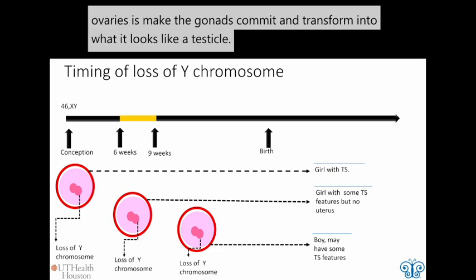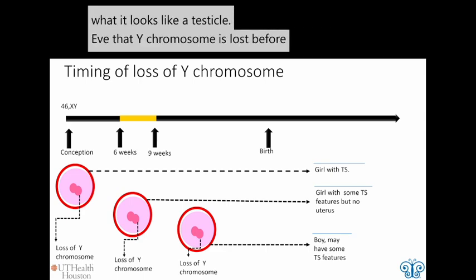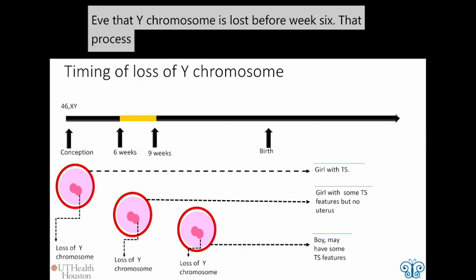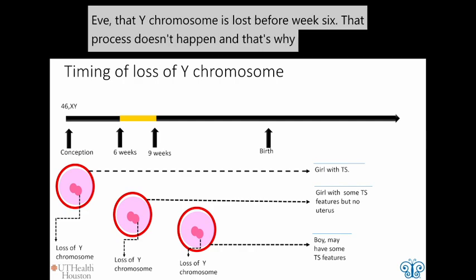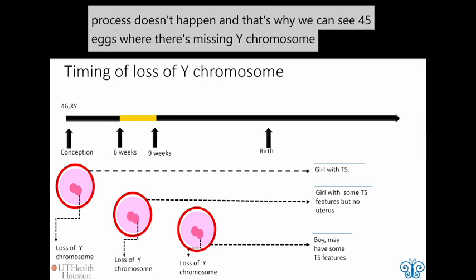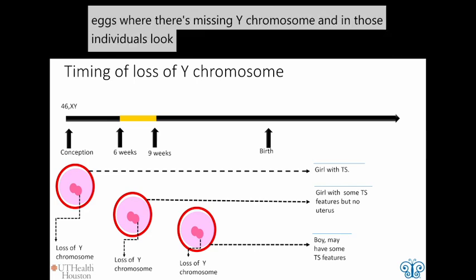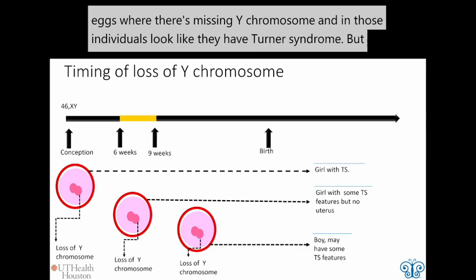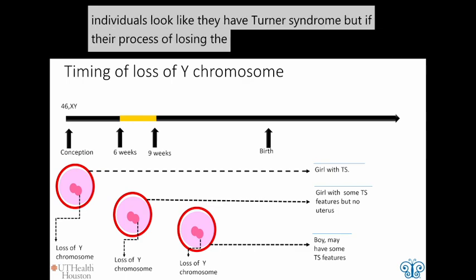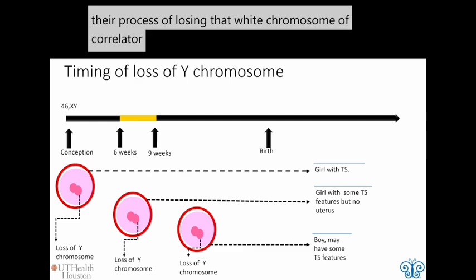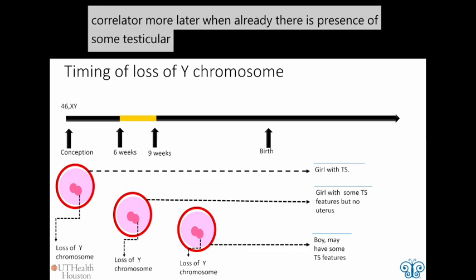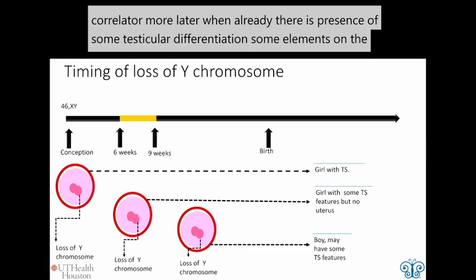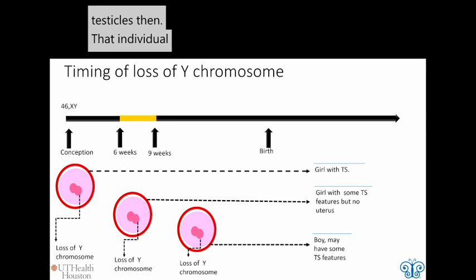If that Y chromosome is lost before week 6, that process doesn't happen, and that's why we can see 45X, where there's a missing Y chromosome, and those individuals look like they have Turner syndrome. But if the loss of that Y chromosome occurs later, when there is already some testicular differentiation, that individual is going to look more like a male.